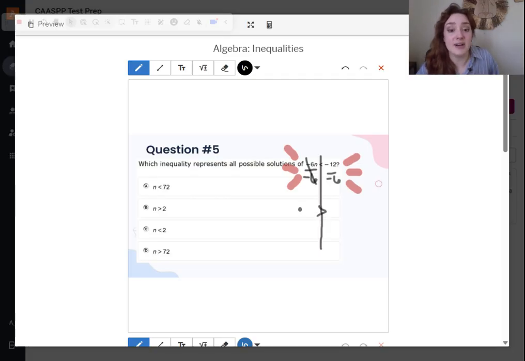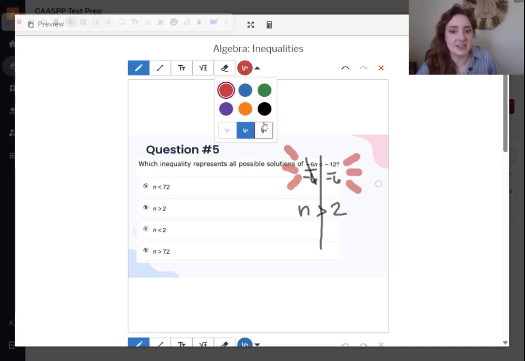The n is now isolated, and if you need a calculator, you can use that. -12 divided by -6 is going to be +2, because the signs change. But the big idea here is that the inequality is going to flip.